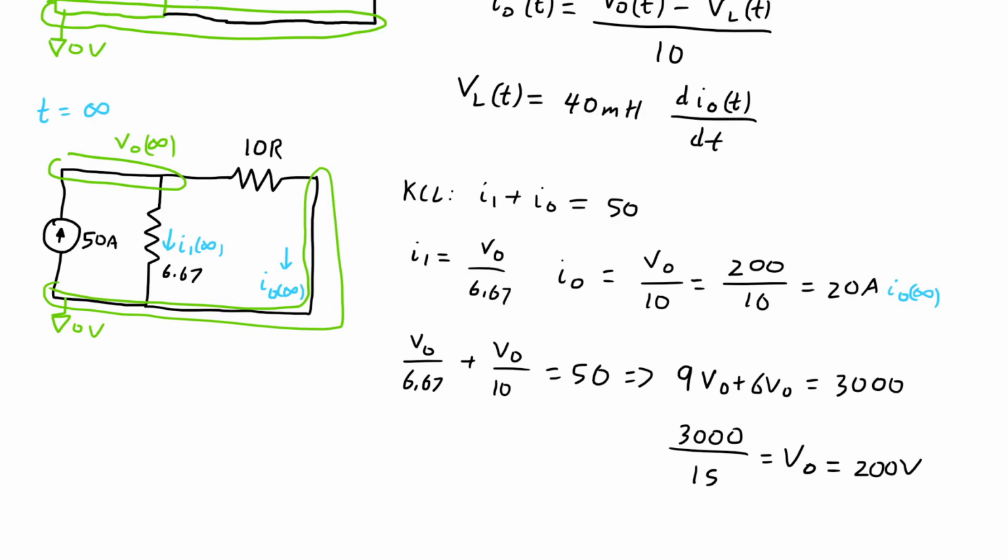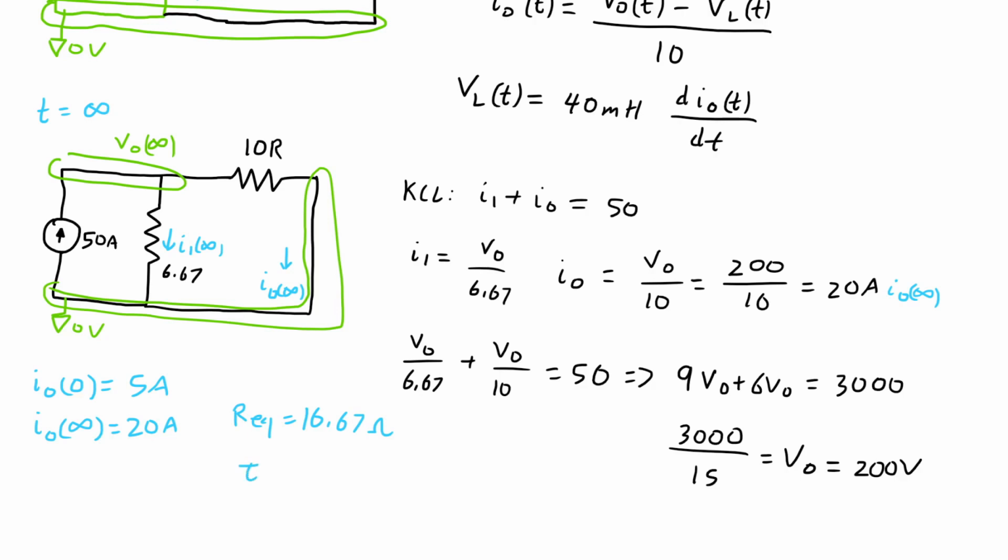Okay, so we have IO 0, which was 5 amps. We have IO infinity, which was 20 amps. Oops, let me redraw that. 20 amps. And we have our equivalent, which was 16.67 ohms.